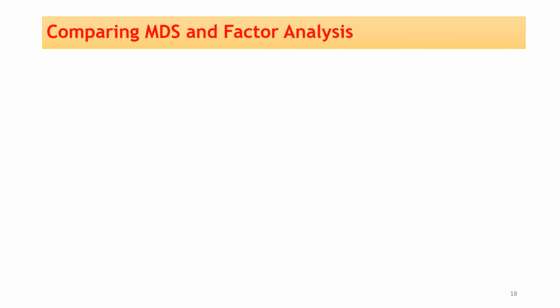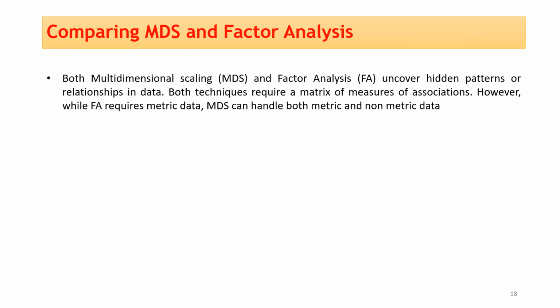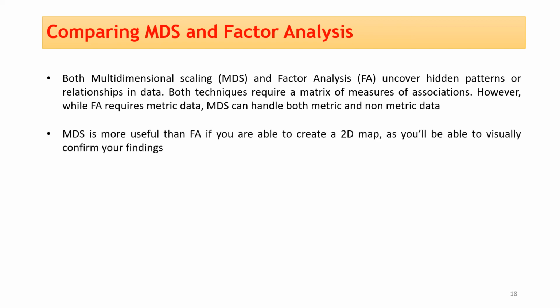Now let's compare the multidimensional scaling with the factor analysis. Both multidimensional scaling and factor analysis uncover hidden patterns or relationships in the data. Both techniques require a matrix of measures of associations. However, factor analysis requires metric data, while multidimensional scaling can handle metric as well as non-metric data.